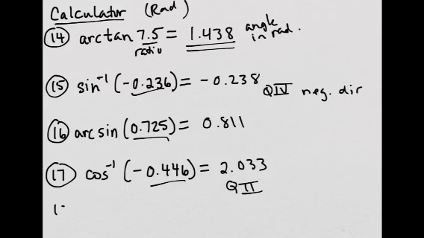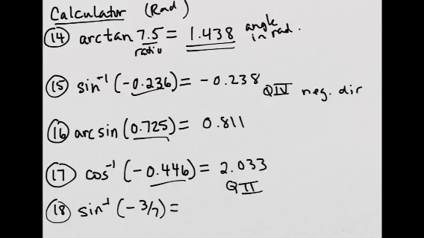If they give you the ratio as a fraction, let's say sine inverse of negative 3 over 7, I've been putting equal, but they're all approximations.